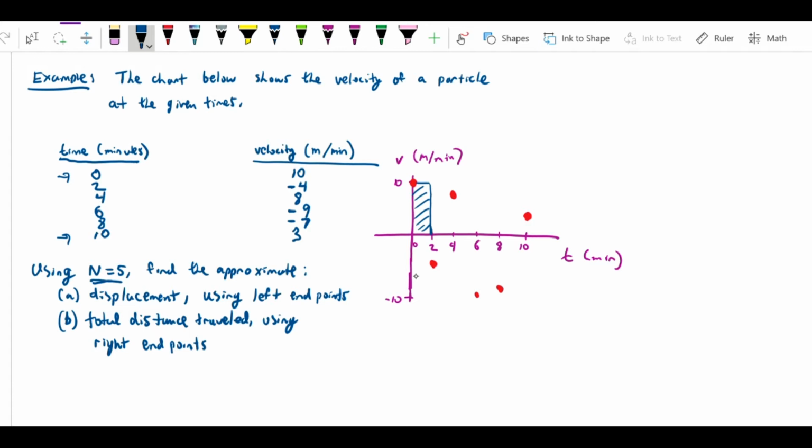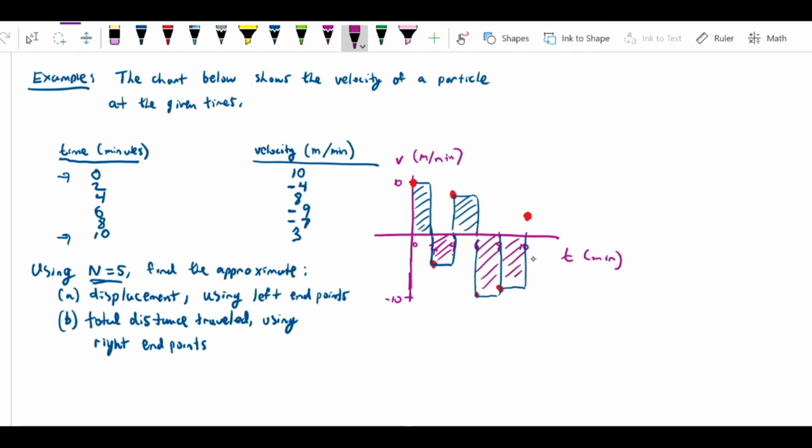So for the next subinterval, which is 2 to 4, we're going to have this rectangle. Again, I'm choosing the left endpoint of the subinterval. Go to the subinterval 4 to 6, and I'm choosing the left endpoint, which looks like that. Then I've got 6 to 8, 8 to 10. There we go.